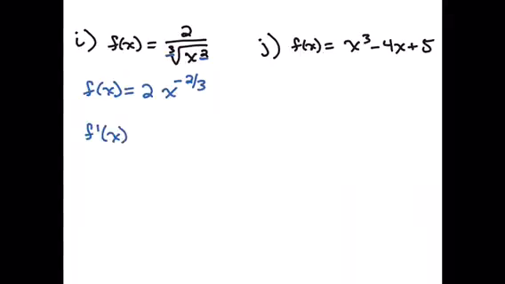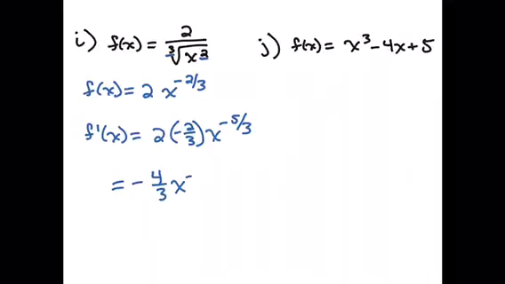So for my derivative, we keep the 2 out front, and then a negative 2/3 comes out, and I get x to the negative 5/3. And if we clean that up, I'll get negative 4/3 x to the negative 5/3.